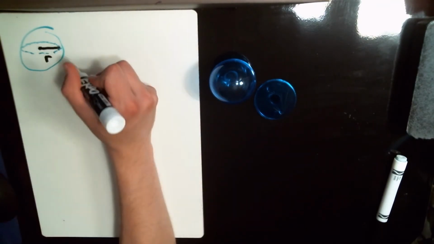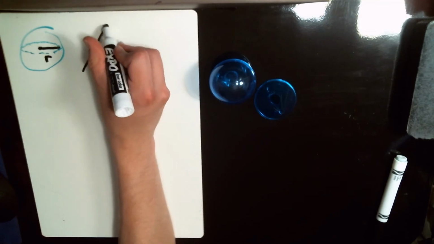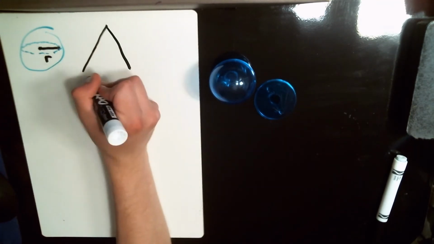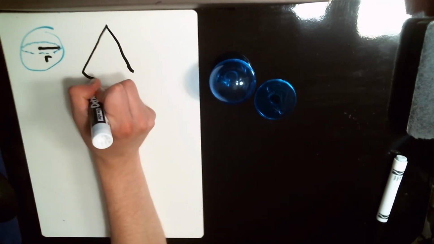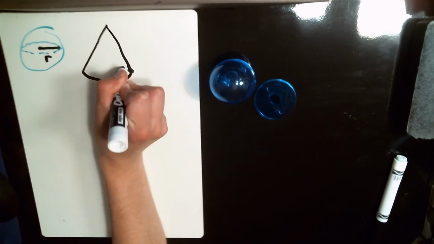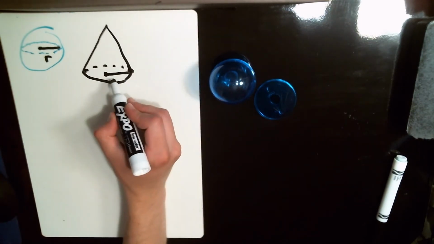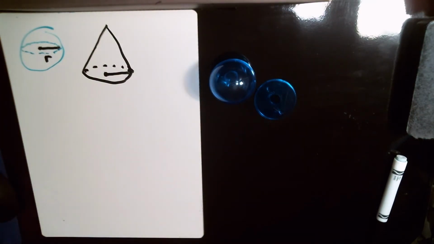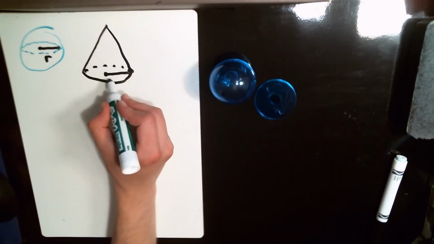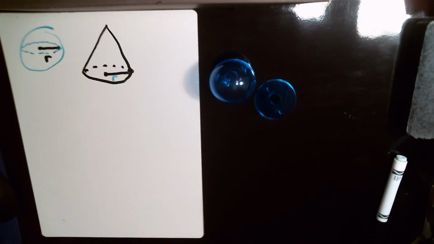Then we've got our cone here. Okay. It had the same circle on the bottom. So that radius was the same. This radius down here was the same. Okay.